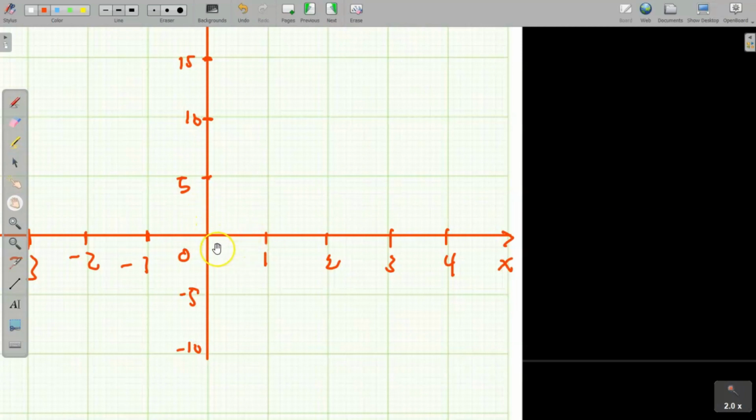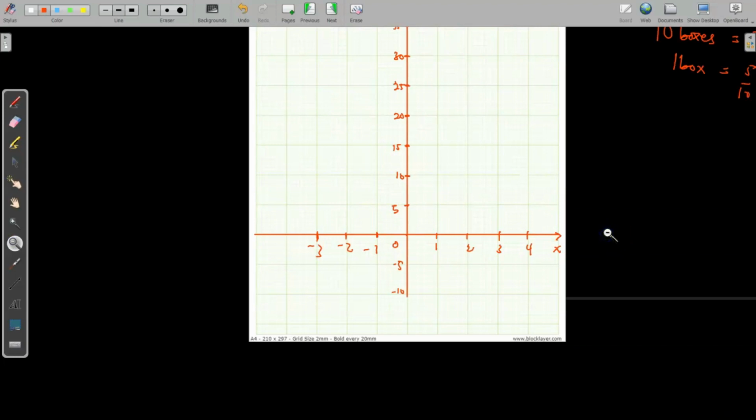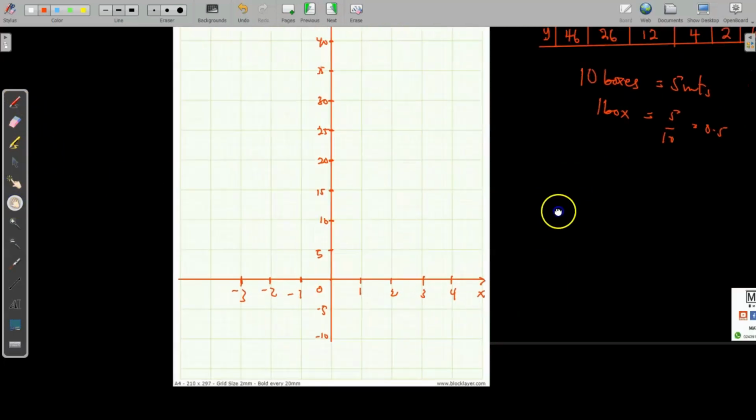Now, how about the x-axis? You have a unit of 1, so every one box is going to be 0.1. How did I obtain that? Let me go back to my normal page.